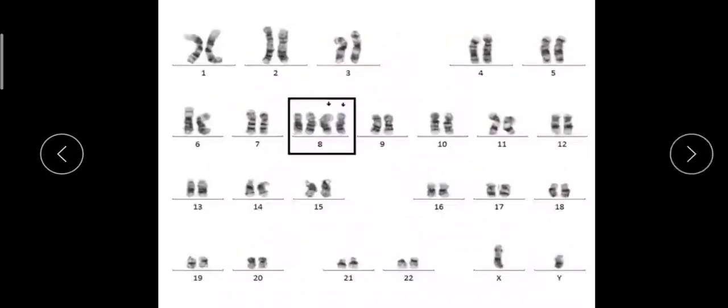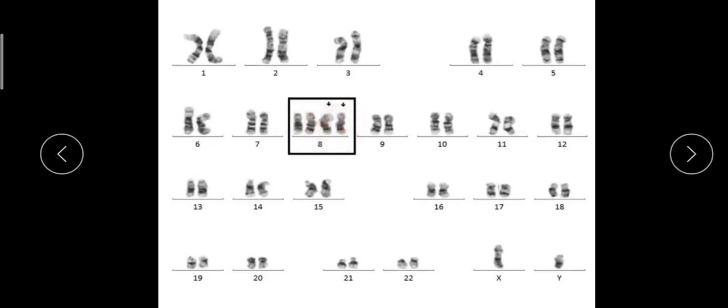And this is the condition of tetrasomy. Here this is also a karyotype of a human being, and it is a male cell, because you can see X and Y. So here also up to chromosome number 7 it is normal, but in the case of chromosome number 8 you can see 4 chromosomes. So that is, we have 2 extra copies. Chromosome number 8 has 4 copies here, that is, 2 are extra.